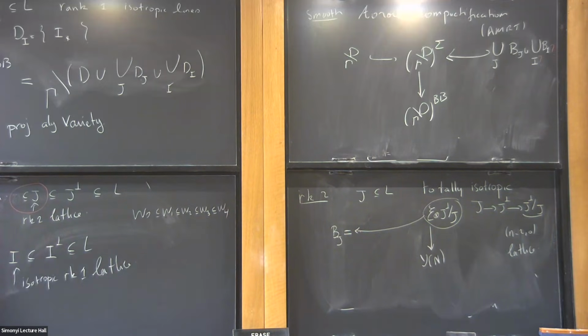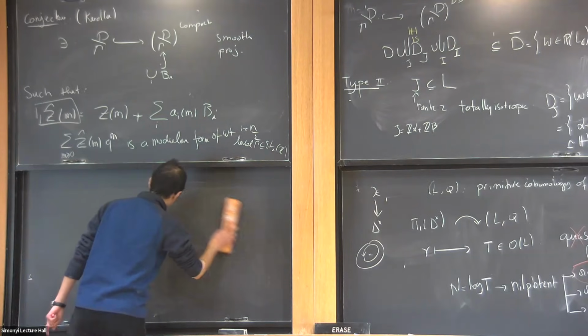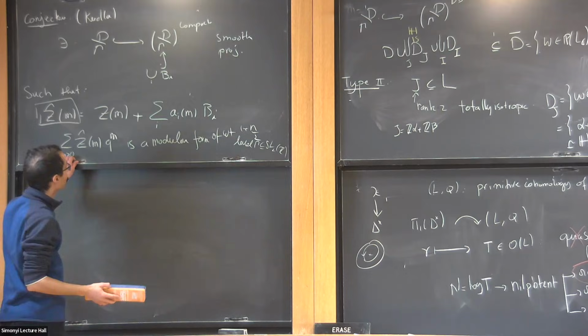Now, the type 3 boundary divisors will depend on the so-called cone decomposition.